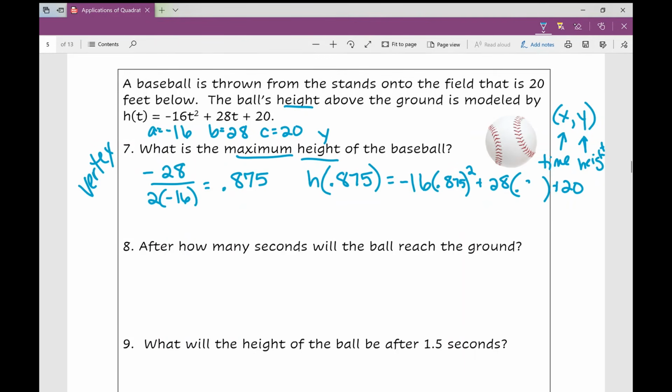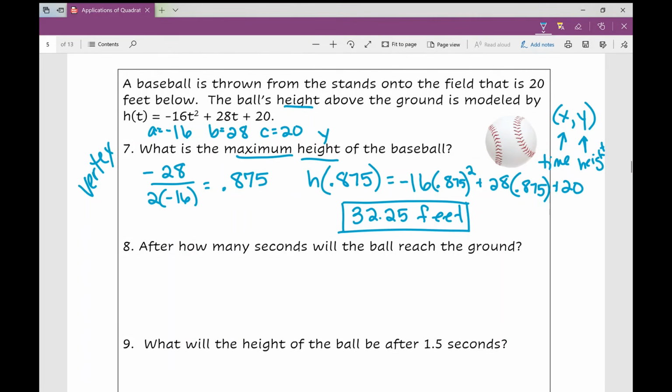So I'm replacing t with 0.875. And when I plug this into my calculator, I get 32.25 feet.